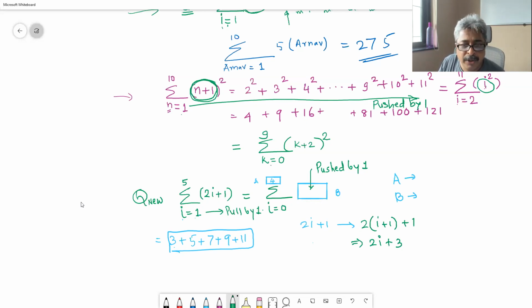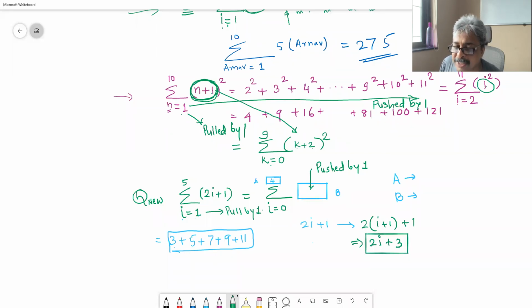Here, from here to here, the index is pulled by 1. Therefore, the summation is pushed by 1. n plus 1 becomes k plus 2. Do you understand? However, whatever you are trying to push here is multiplied by 2. Therefore, it is not 2i plus 2 or 2i plus 1. It continues to become 2i plus 3.